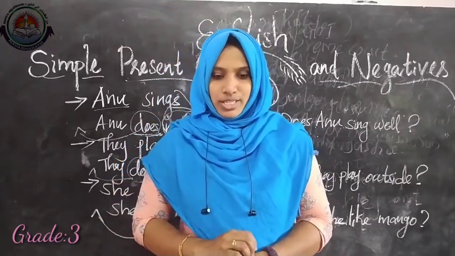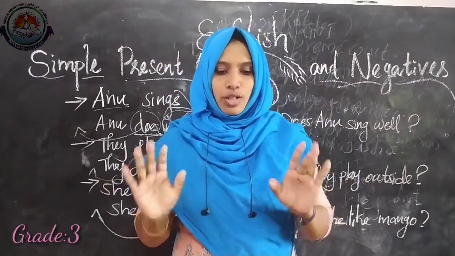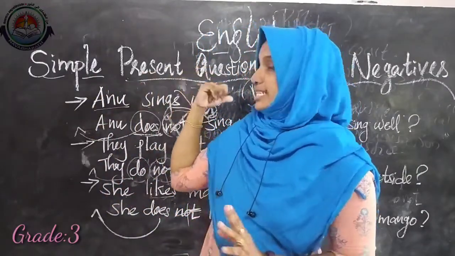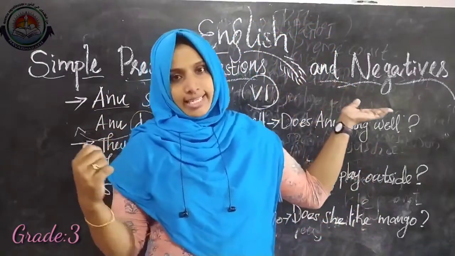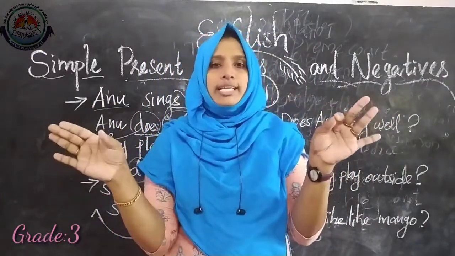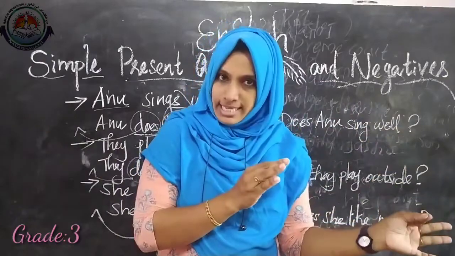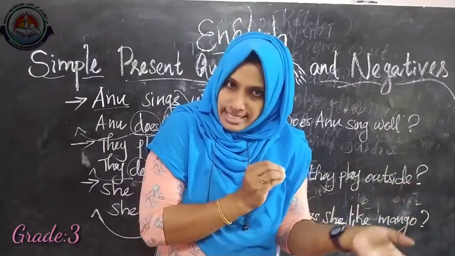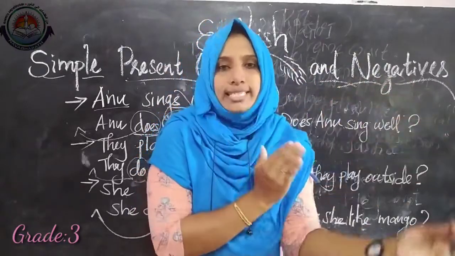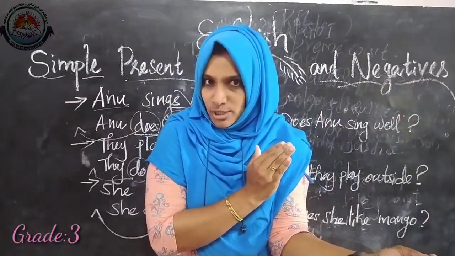So children, today we have discussed all the questions related to this topic, simple present questions and negatives. Ma'am is telling you again, whenever you get simple present sentences, you will change the whole sentence into its negative form. These are the rules.